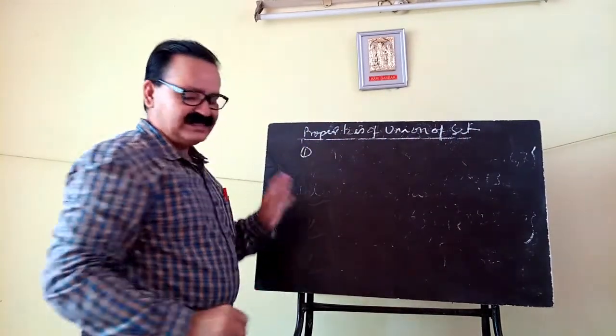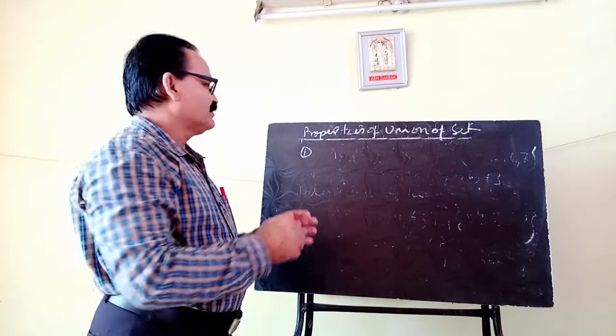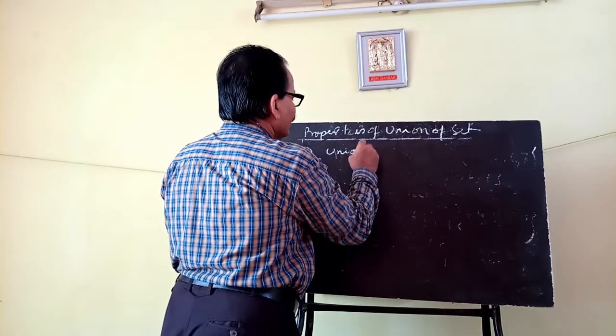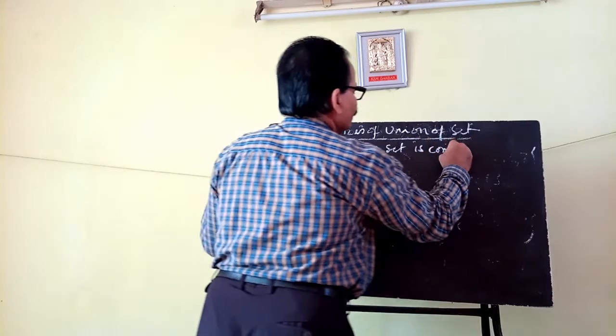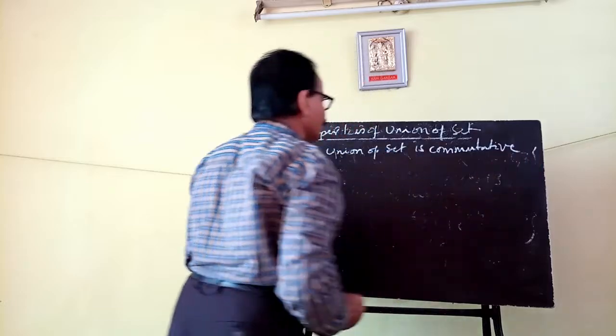First property is that union of sets is commutative.